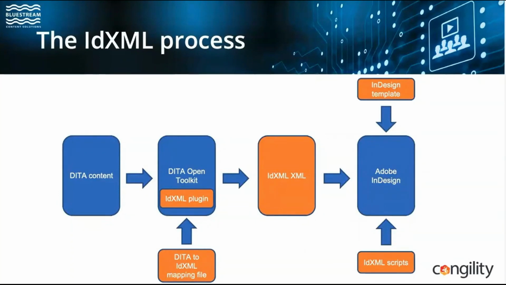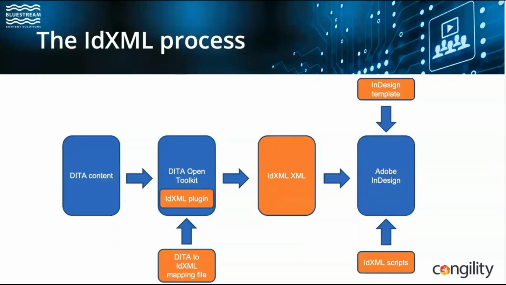It then uses that mapping file to create what we call an IdXML XML, which is really a flattened XML that contains all of the richness of the DITA, but in a suitable flattened XML format that can be imported into InDesign. You then go into Adobe InDesign.